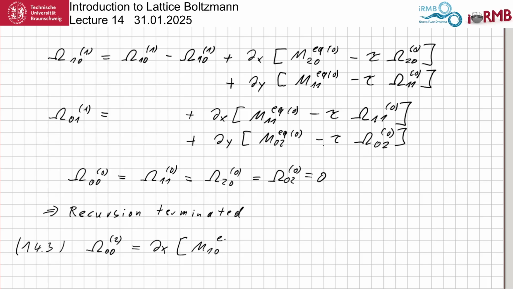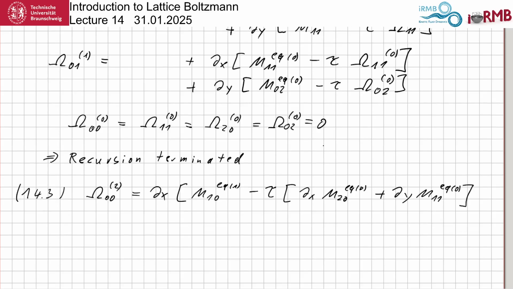M1, 0 equilibrium to first order minus tau dx M2, 0 equilibrium to zero order plus dy M1, 1 equilibrium to zero order plus dy M0, 1 equilibrium minus tau dx M1, 1 equilibrium to zero order plus dy M0, 2 equilibrium to zero order.